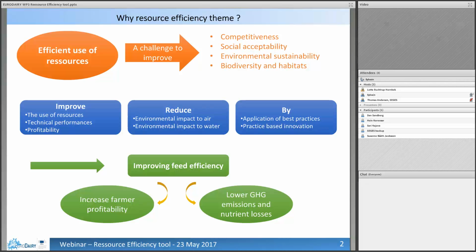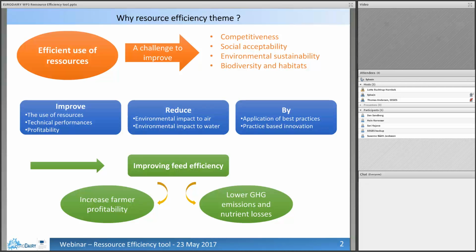So you know that more efficient use of resources like labor, feed, fertilizer, fossil fuel and water is one of the biggest challenges to face dairy farming in Europe, directly affecting competitiveness, social acceptability, environmental sustainability and biodiversity.